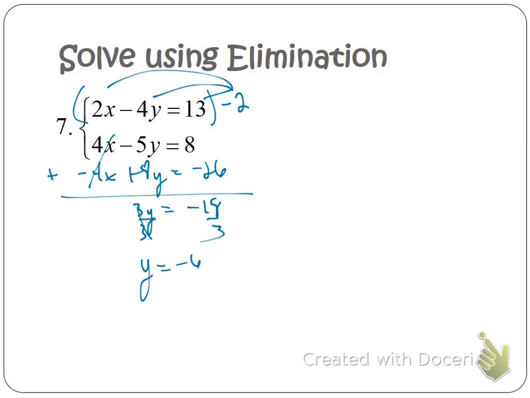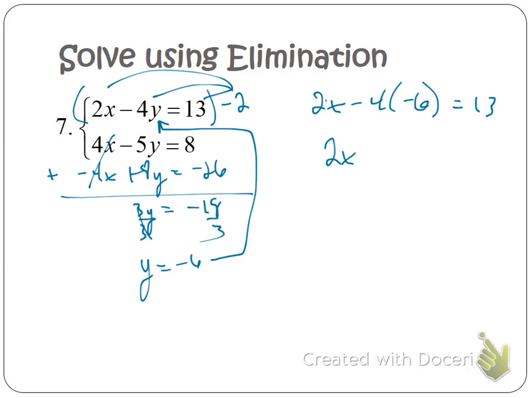But now that I know that y is equal to -6, I've got to substitute that in so that I can find out what x is. So I'm going to take this -6 and substitute in for that y right there. Again, it doesn't matter which equation you use. To substitute the -6 in, you just use whichever one you want.